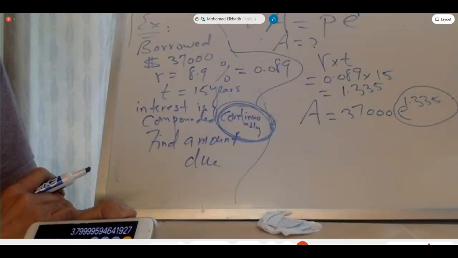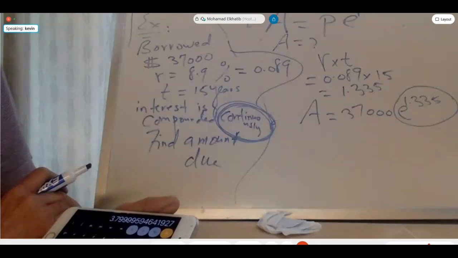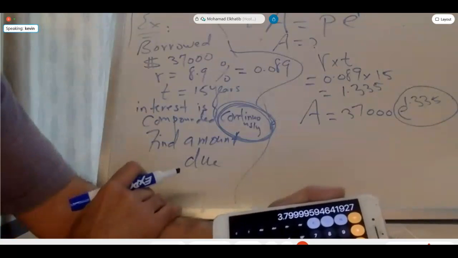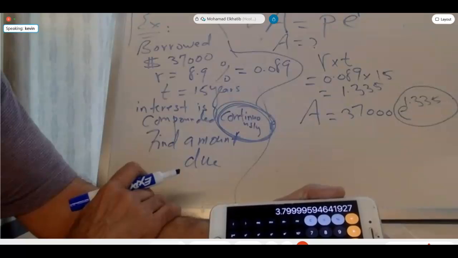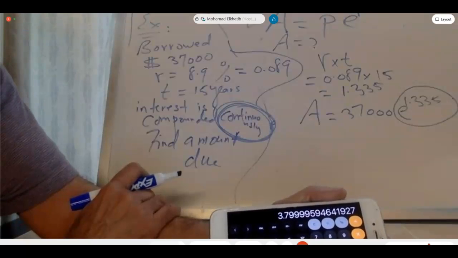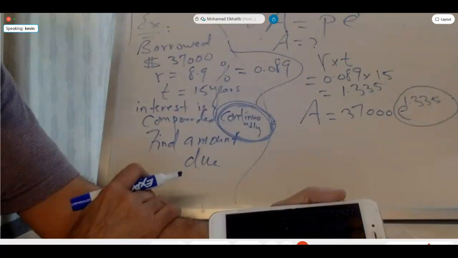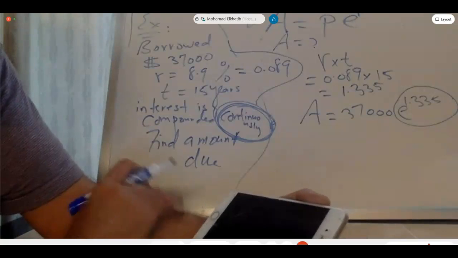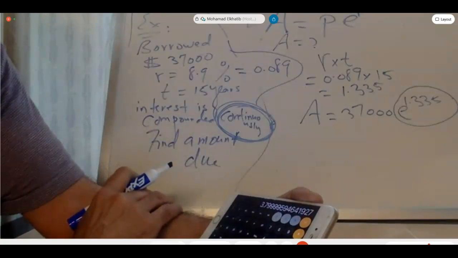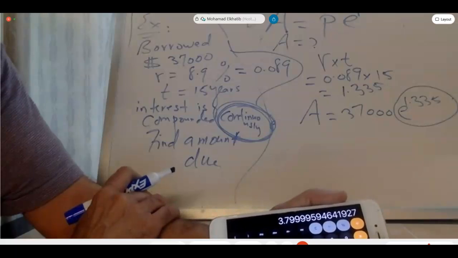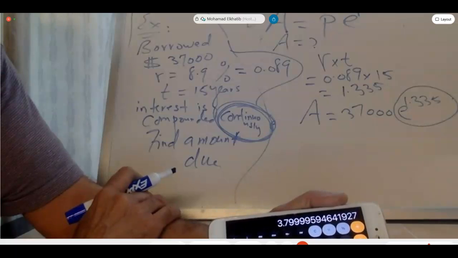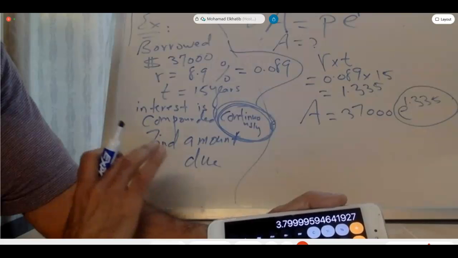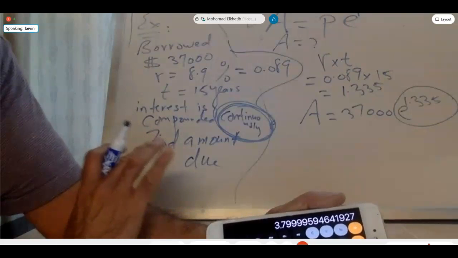Okay. Now, when you did e to the power 1.335, did you get 3.79999959? Did everybody get that, class? So when you did 1.335, then hit the e to the x key, did you get 3.79999959, whatever? Yes or no? You're not multiplying yet.